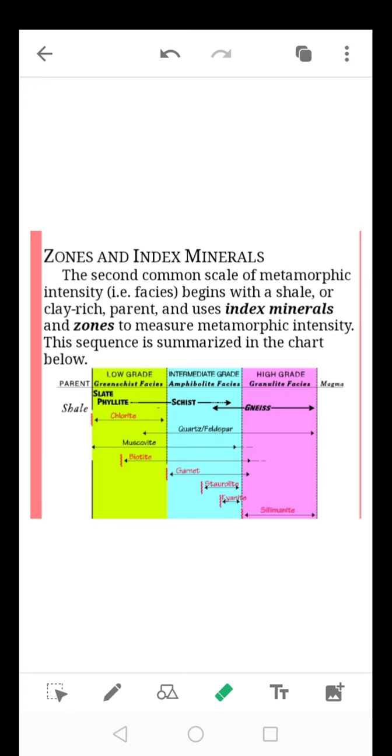Schist will have schistosity. Phyllite will have sheen characters. Slate will have slaty cleavage and so on. These are some of the things that should be discussed in greater detail. Should you require another video, tell me, and I will do the video about these textures.